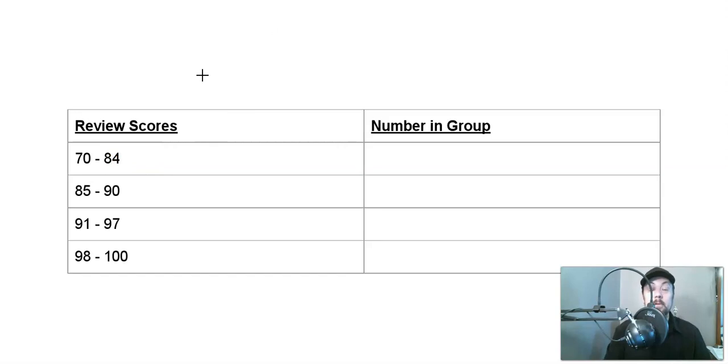Here's another example of a way that you might organize the data that is invalid. So what is the issue here with the way I've organized these groups? When I ask you a question like that, maybe pause the video, think about it, come up with an idea of an answer, and then resume the video to see what I have to say about it.